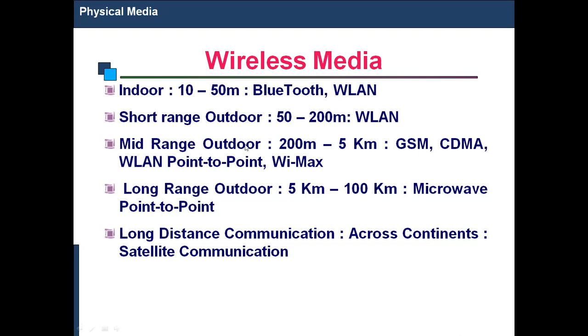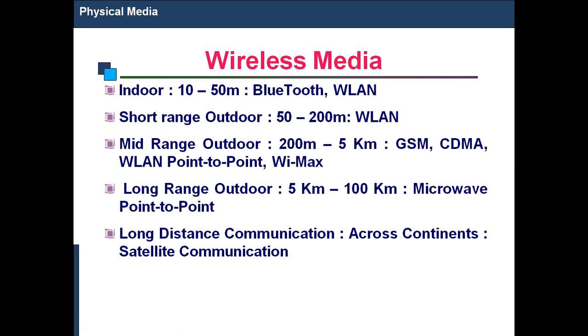Mid-range outdoor is 200 meters to 5 kilometers, where we use GSM, CDMA, wireless LAN point-to-point and WiMAX. Now we are using cellular mobile phones, right? That is mid-range. Long range outdoor is a distance between 5 kilometers and 100 kilometers. At that time, we use microwave signals to connect transmitter to receiver.